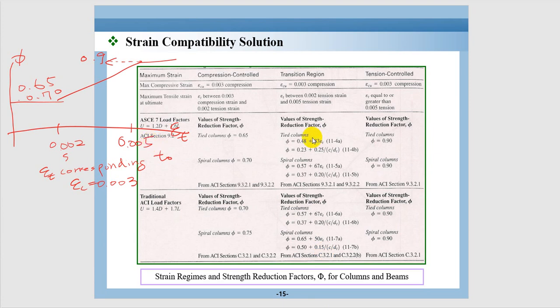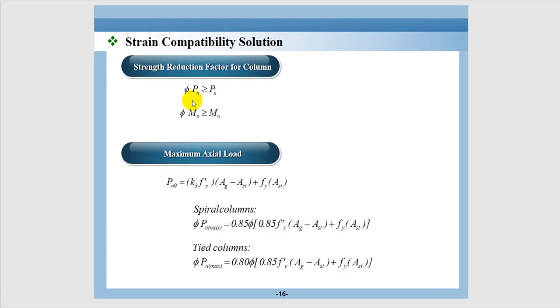You can still find these equations in ACI section 9.2, for both ACI and ASCE, and you have the ACI load factors. So this is very important. You have to use this table when you calculate phi factors for column design. So don't forget this.